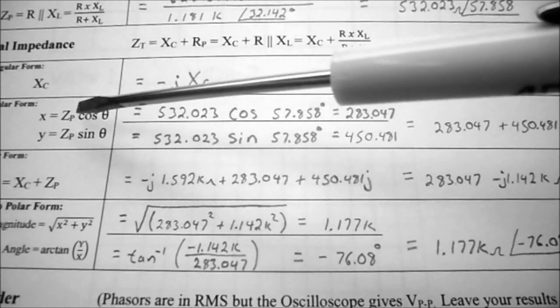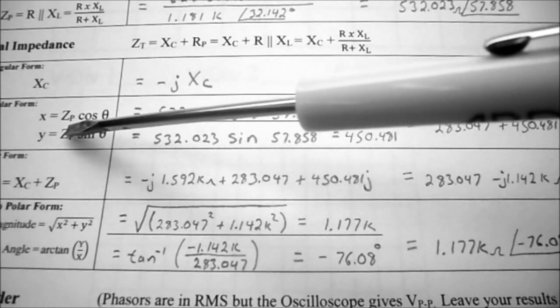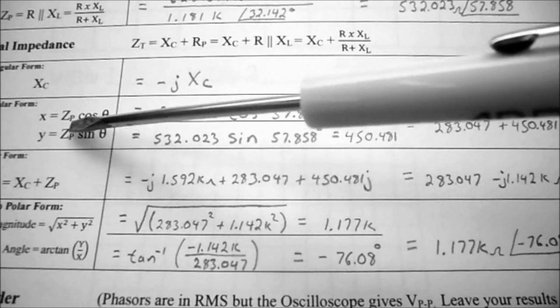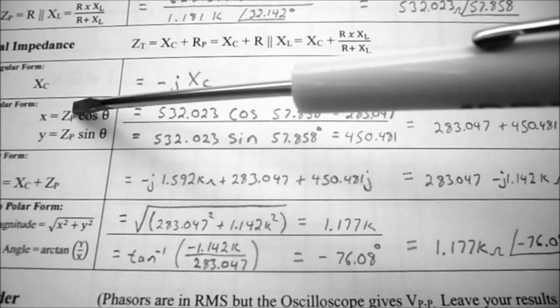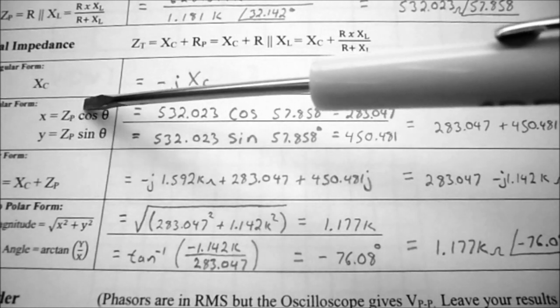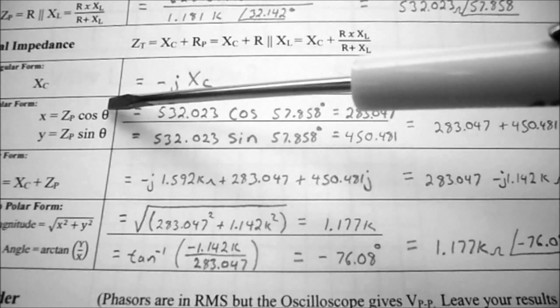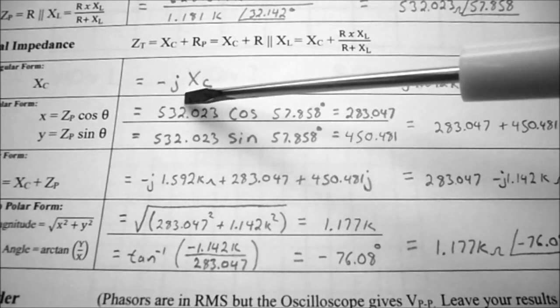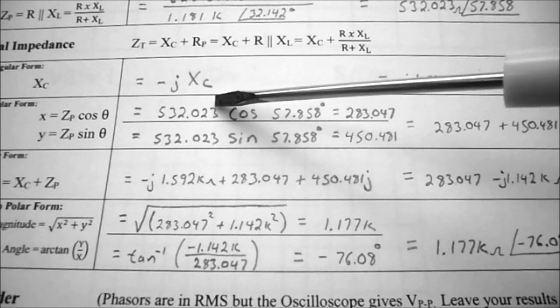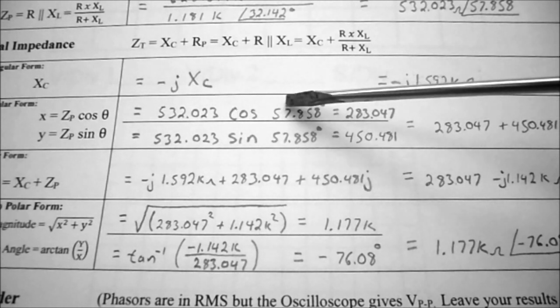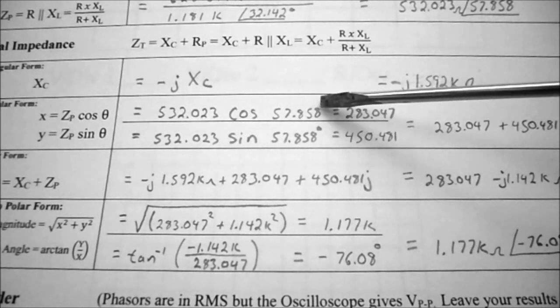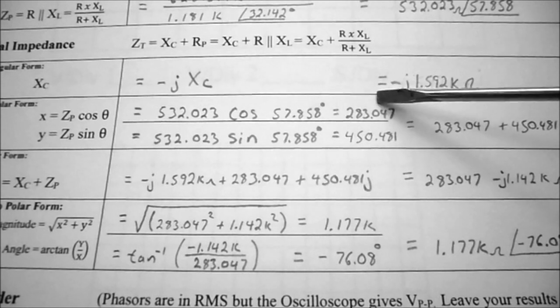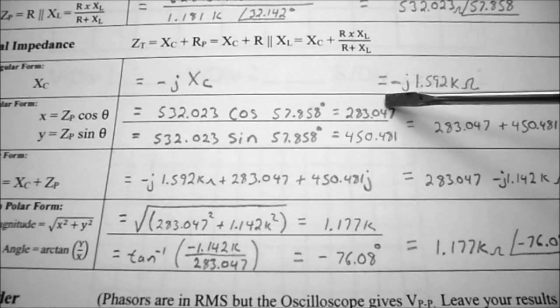Then to convert the Z parallel branches, we need to take Z parallel and multiply it by the cosine of the angle. So that's 532.023 times cos of 57.858 degrees, and that works out to 283.047.